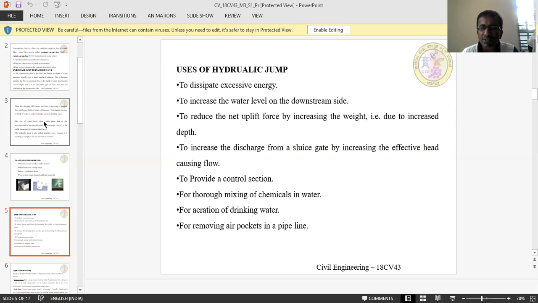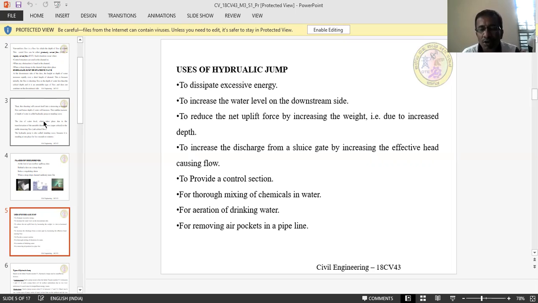Here the effectiveness of the alum or any chemicals added to the water mainly depends upon how we mix the chemicals with the water, the agitation speed and so on. If mixing is good, then automatically the removal efficiency of any solids, colloids or contamination present in the water is more. If they are not mixed thoroughly, then the effectiveness is decreased. To increase the effectiveness of the chemicals, they utilize the hydraulic jump.